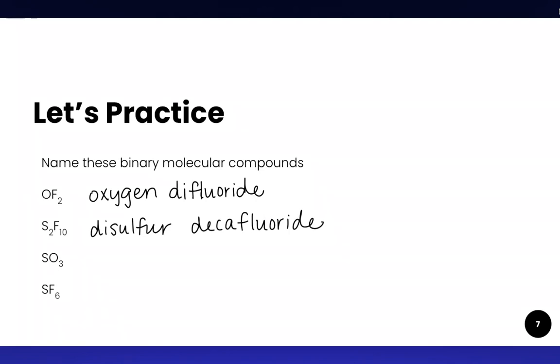Okay, now we have sulfur, trioxide. And then finally, we have sulfur, hexafluoride.